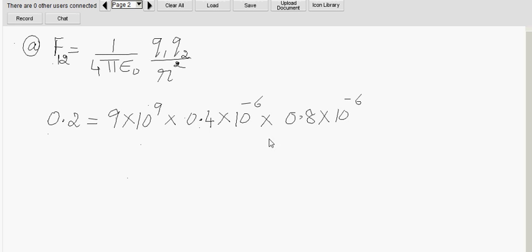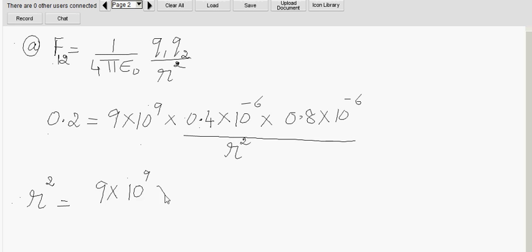Divided by R square. So R square will become 9 into 10 to the power 9 into 0.4 into 10 to the power minus 6 into 0.8 into 10 to the power minus 6 divided by 0.2.